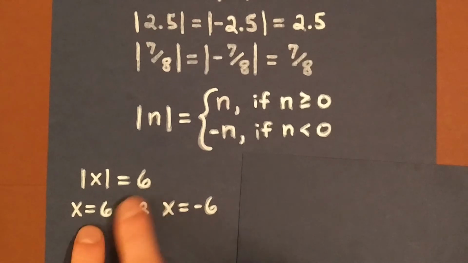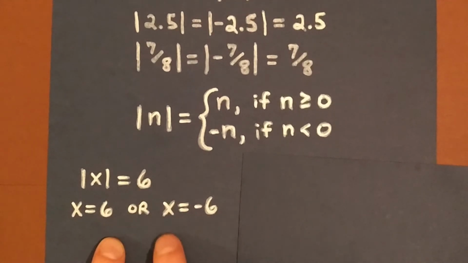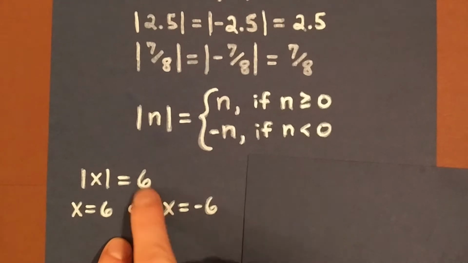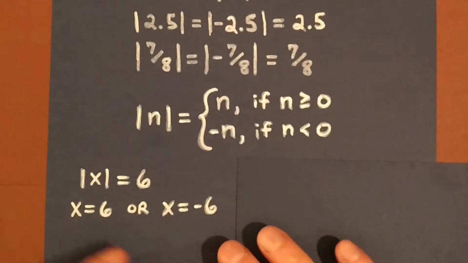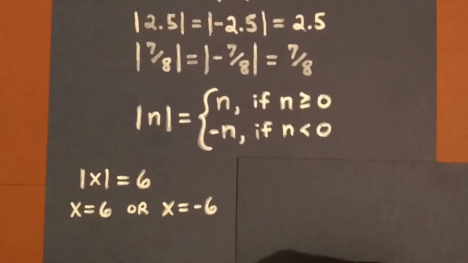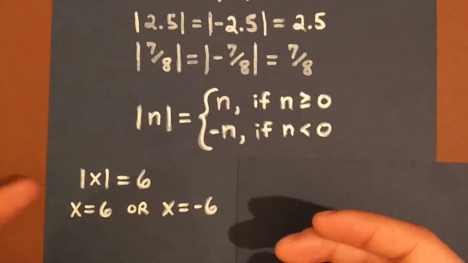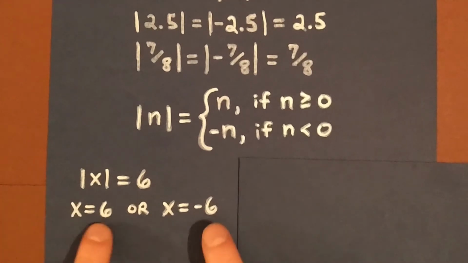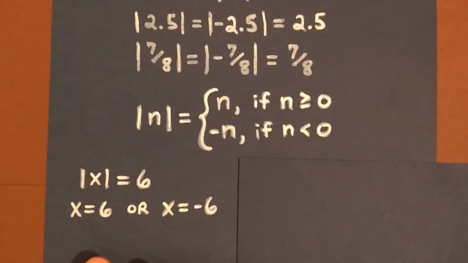So the absolute value of 6 is 6, and the absolute value of -6 is also 6. So these two numbers satisfy this equation. At this point, with an equation like this, we don't do any computation or algebraic manipulation. We just think of what numbers would work, and we know that it's 6 and -6. So there are two solutions to an absolute value equation here, a linear equation.